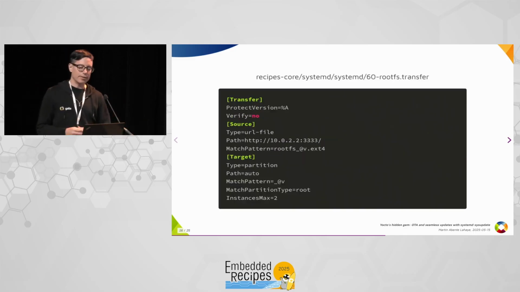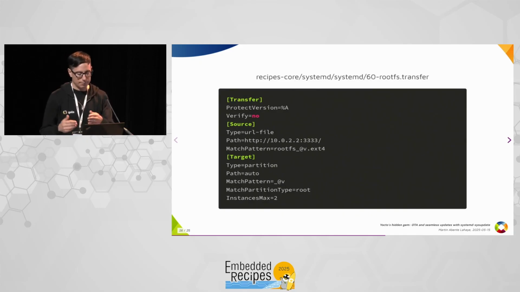For the rootfs, basically a transfer file has 3 sections. The first section is just Transfer, which is just general properties about the transfer. In this case, I'm telling it to protect version A, right, the first version. Then we have the Source section, where we're basically saying where this update is going to come from. For example, in this case, it's going to be a URL file.